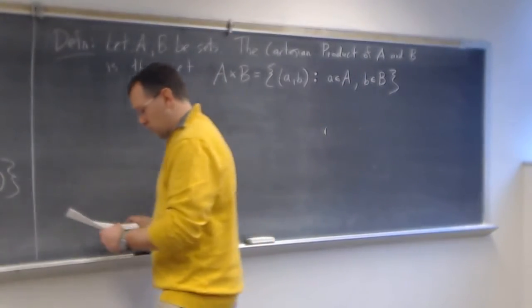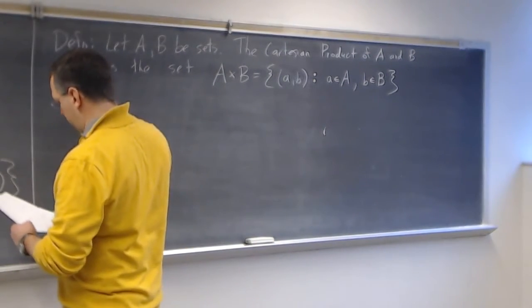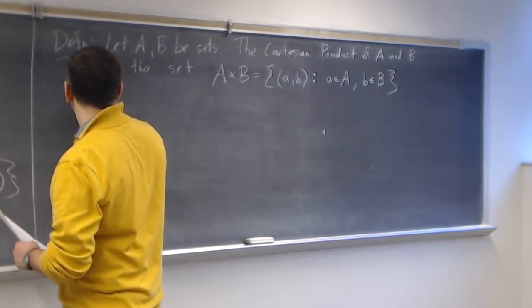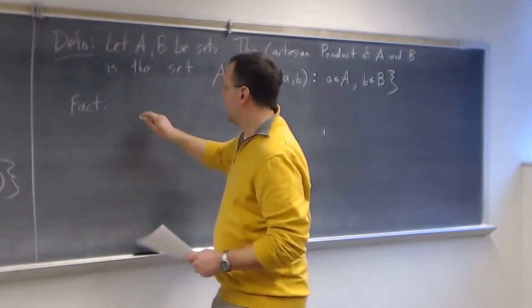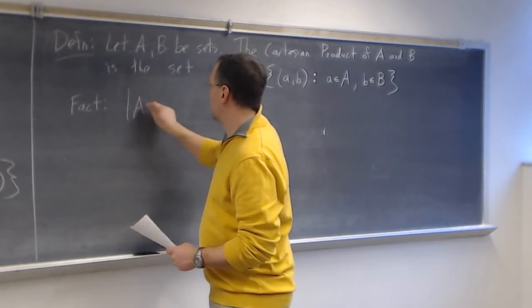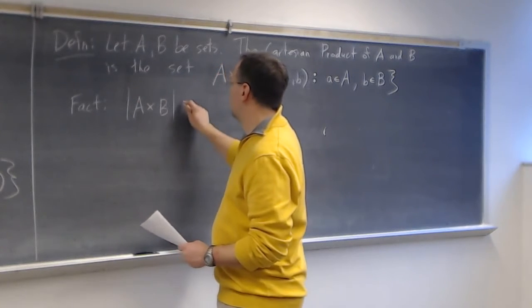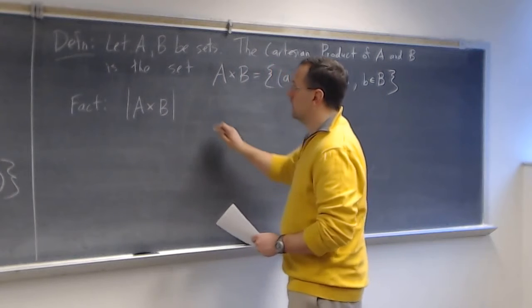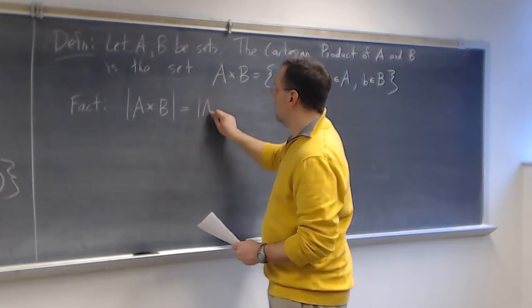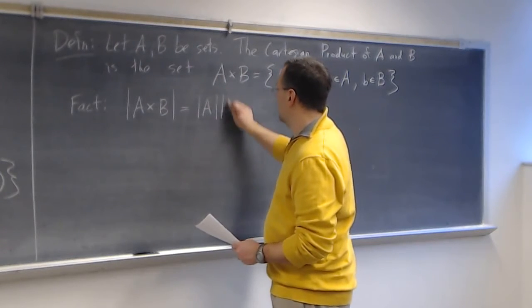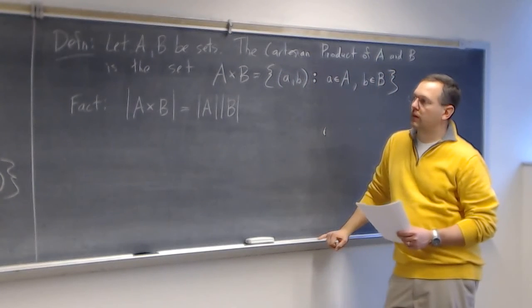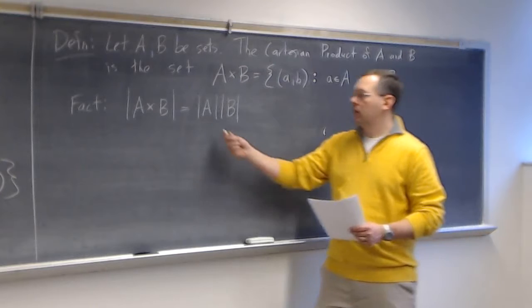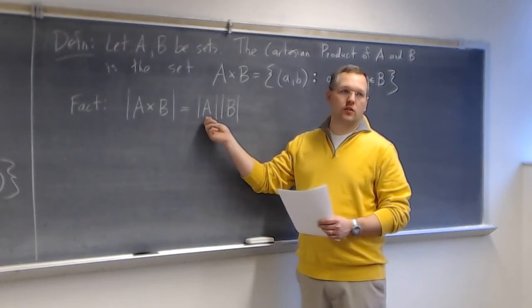So there's a fact that the order of the Cartesian product of A and B equals the order of A times the order of B, or the size, or cardinality. You have this many choices for the first coordinate.